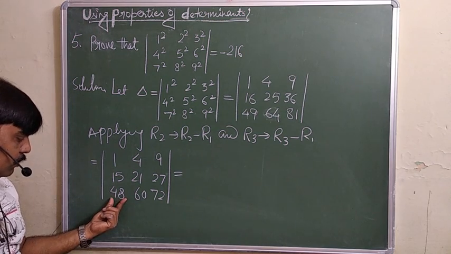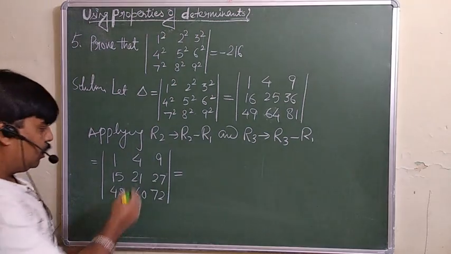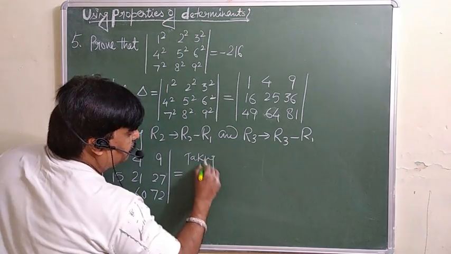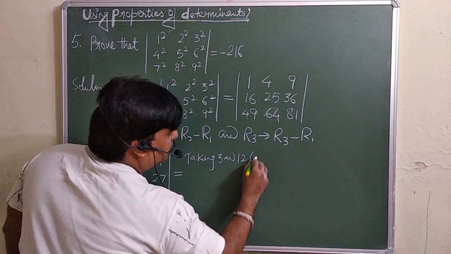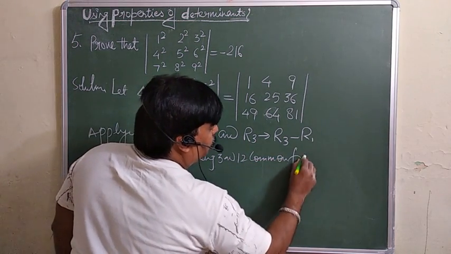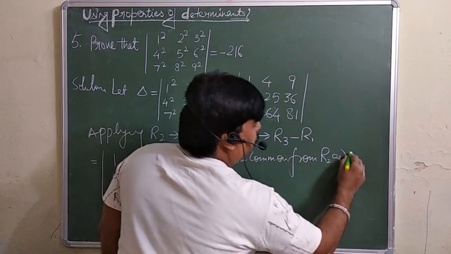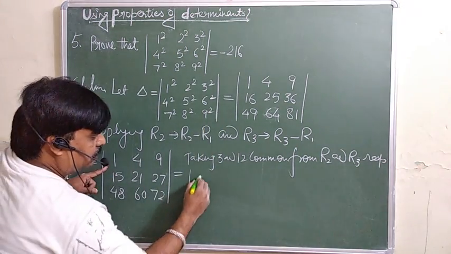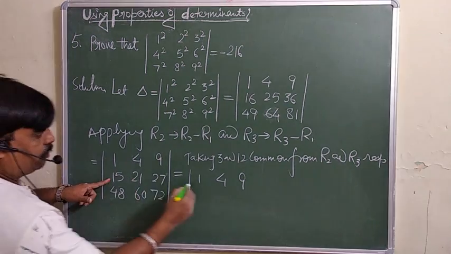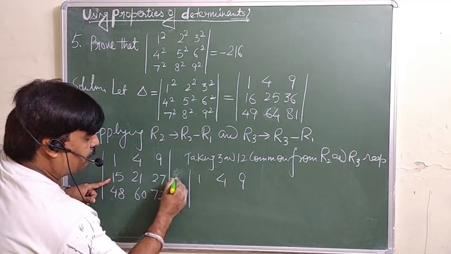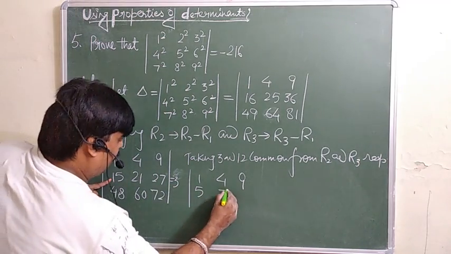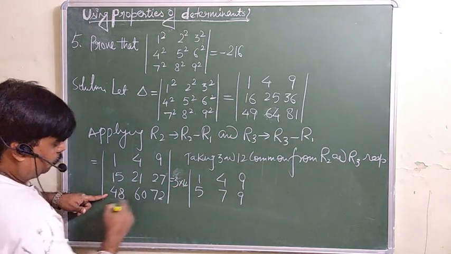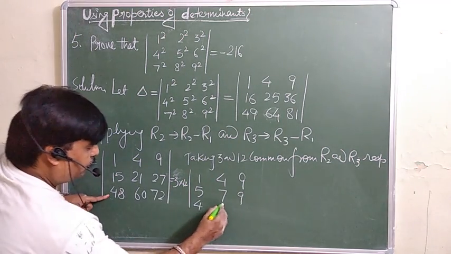So we take 3 and 12 common from R2 and R3 respectively. The first row remains as it is, and the second row becomes 5, 7, 9, and the third row becomes 4, 5, 6.